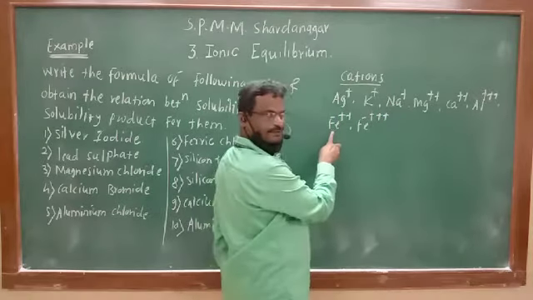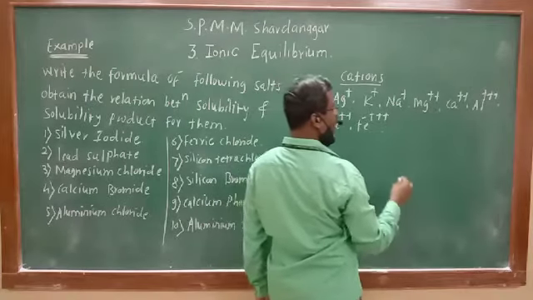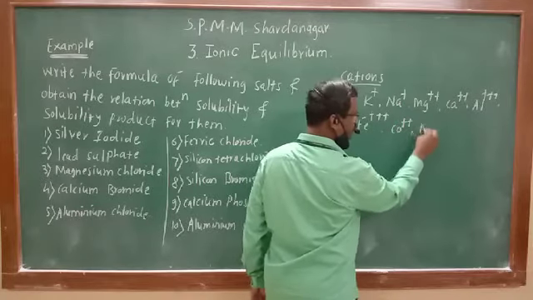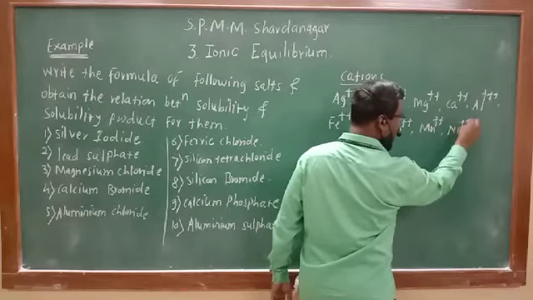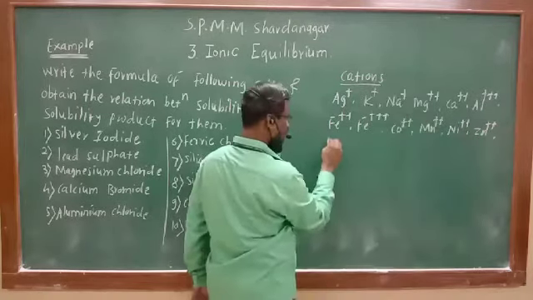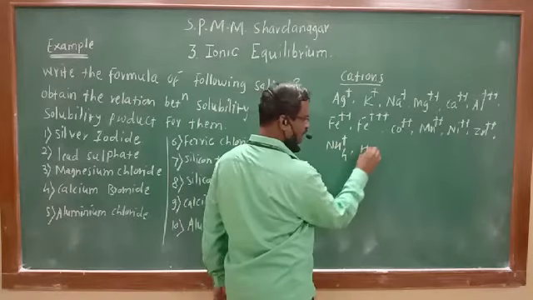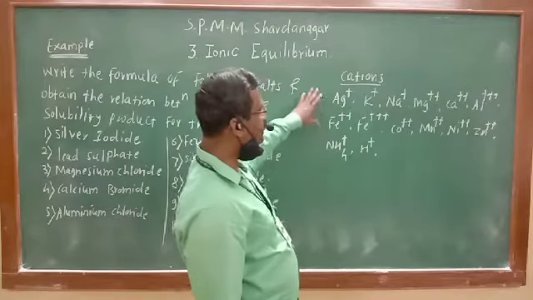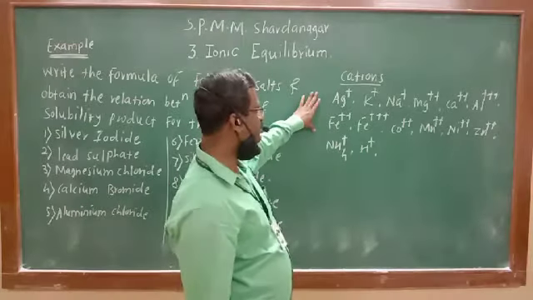This is ferrous and this is ferric. Then Co2+, Mn2+, Ni2+, Zn2+, NH4+, even H+. These are the cations. They have positive charges, so they are known as cations.